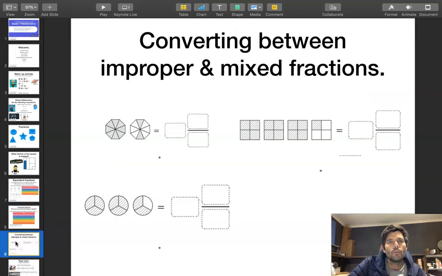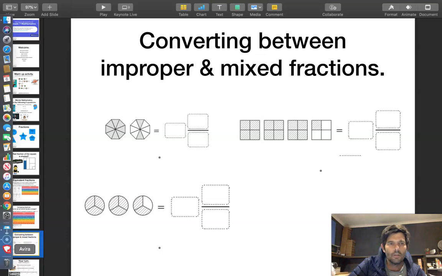Okay, so we move on to converting between improper and mixed fractions. And again, this should be a recap from last year, so we won't spend too long on it. You know that an improper fraction is a fraction where the numerator is bigger than the denominator.